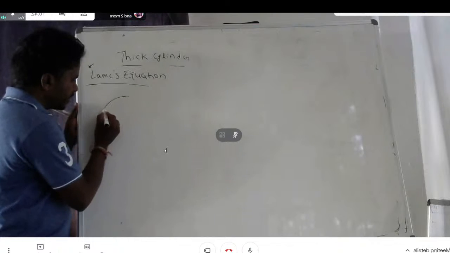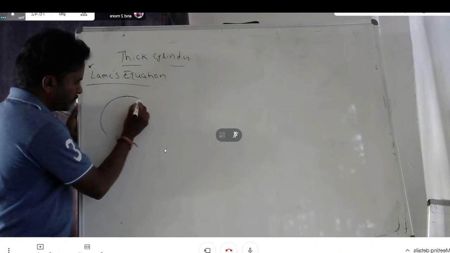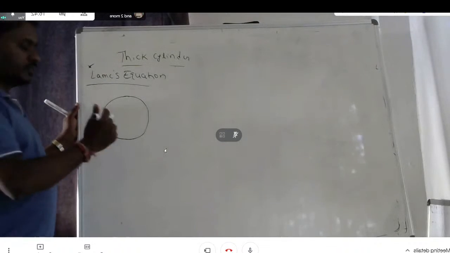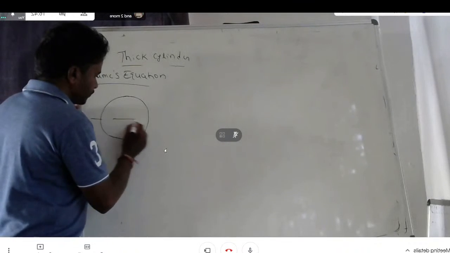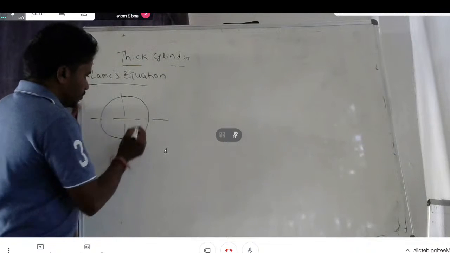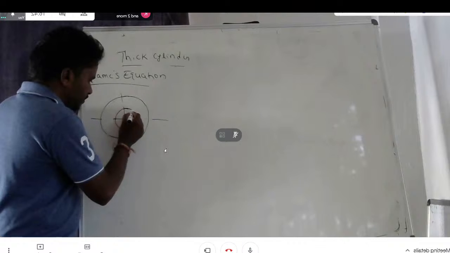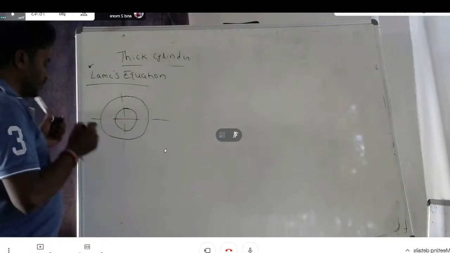Now I'm taking a cross section of the cylinder. One is the outer radius or diameter. You should use a compass to write in the exam. This is the inner radius.